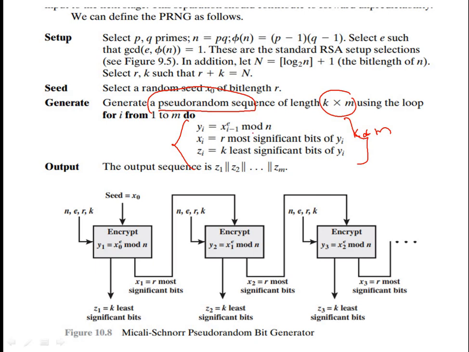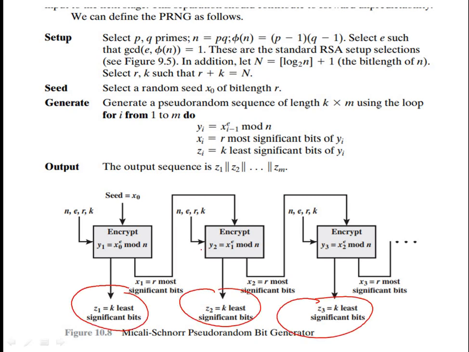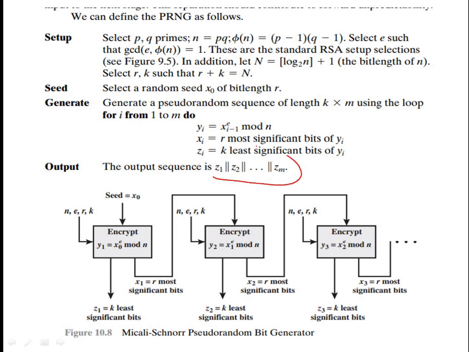So we get two outputs here. One is the remainder, which is called the pseudo random number. Another is the output, which we give as input to the next stage. So like this it goes on. Then we get the sequence Z1, Z2, Z3, which is nothing but our pseudo random numbers. This is the sequence of pseudo random numbers.